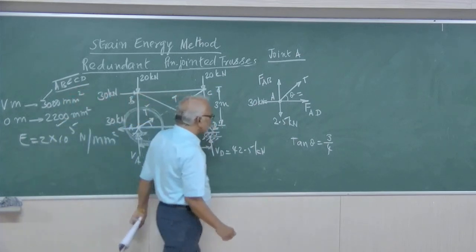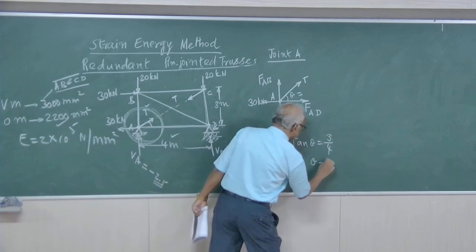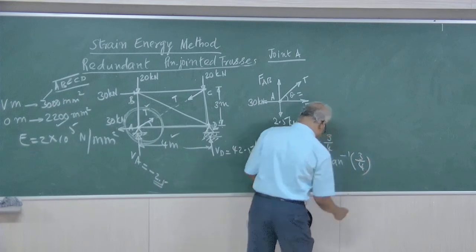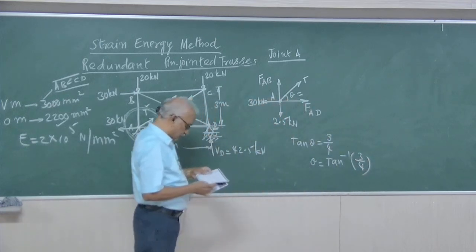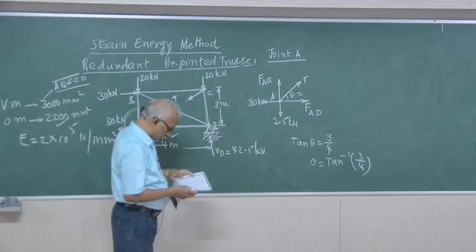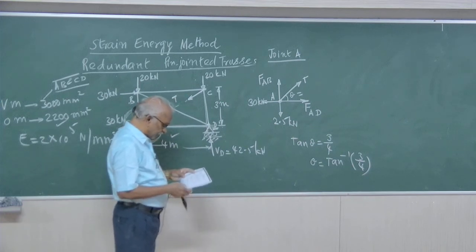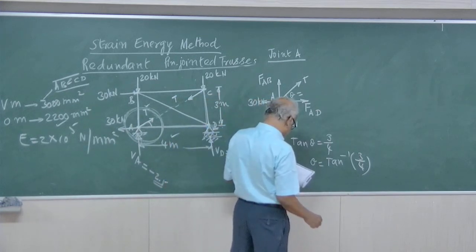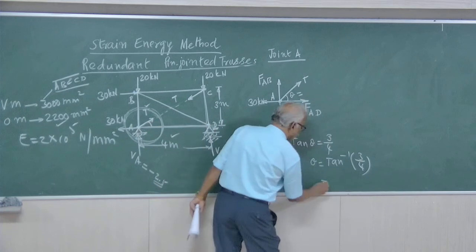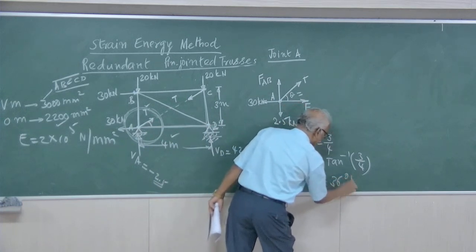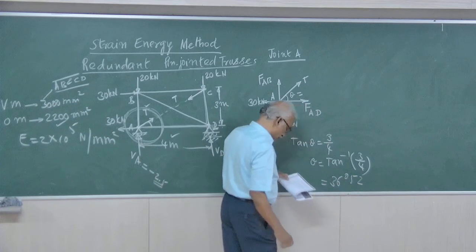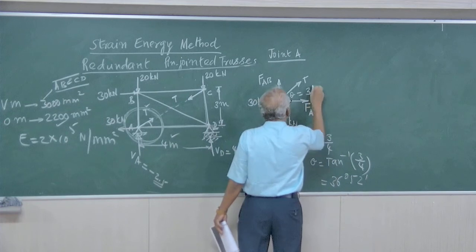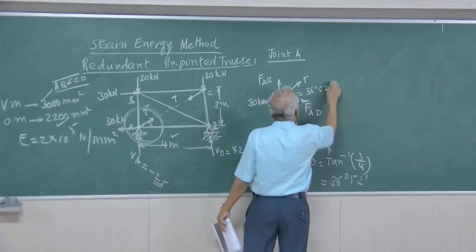Therefore, theta equals tan inverse of 3 by 4, and that value is 36 degrees 52 minutes. So this theta is 36 degrees 52 minutes.